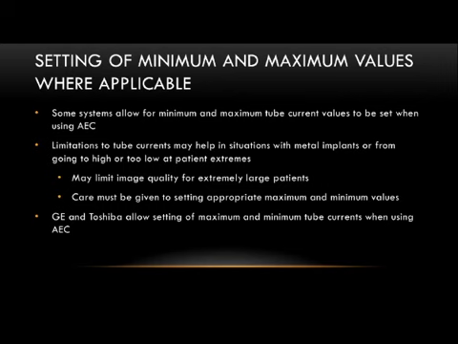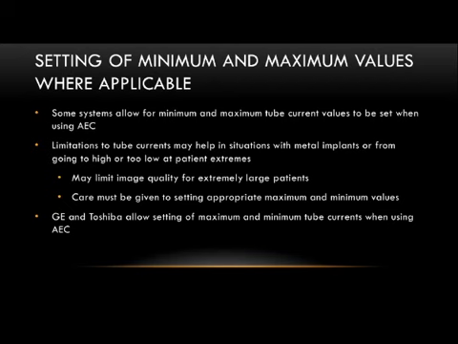You've seen some examples. If it goes too low, things just don't work right. So you can set minimums as well. And at least GE and Toshiba do allow you to set minimum and maximum values for the tube current that can be used under a scan using tube current modulation. But it's important to make sure you think about what these values are and how they could affect things.